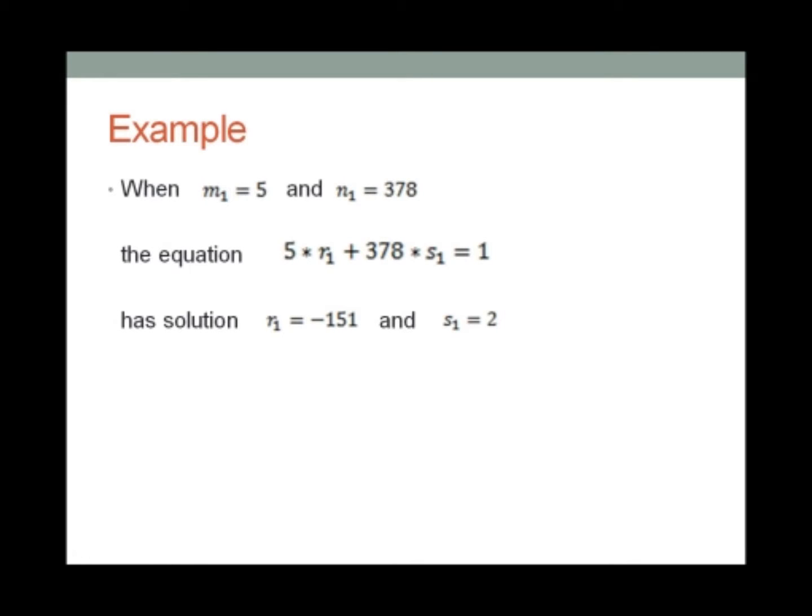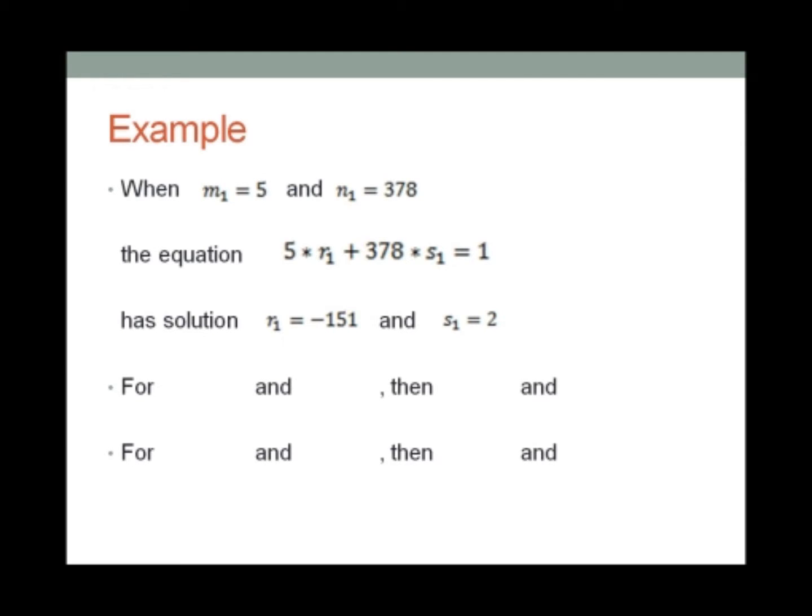For example, let's clear the picture by trying to find x0 for the previous example system of equations. When M1 is equal to 5 and N1 is equal to 378, we can find R1 is equal to minus 151 and S1 is equal to 2, as discussed before in Bezout identity.